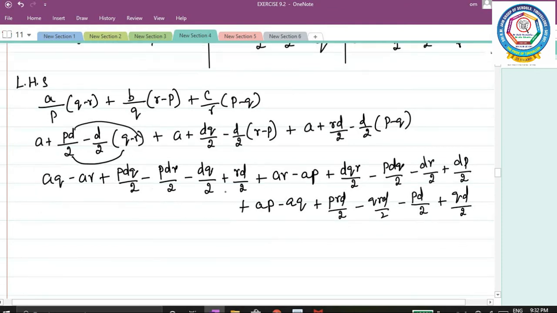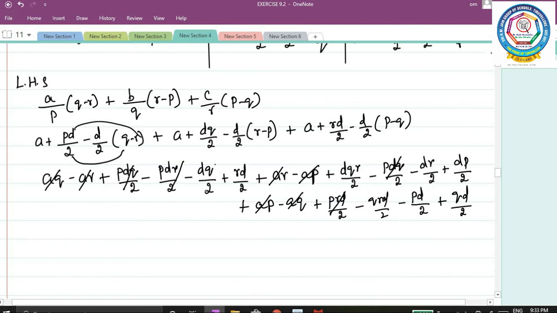So here we have to simplify this one. Here plus aq minus aq cancel. Minus ar plus ar will cancel. Minus ap plus ap will cancel. Pdq by 2, here minus pdq will cancel. Minus pdr by 2, here plus pdr by 2.